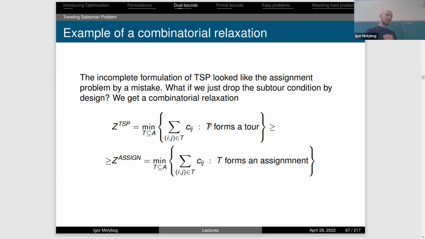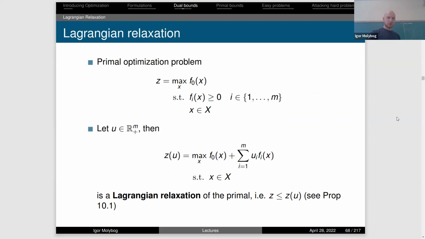Yeah, so there is a notion of linear programming relaxation. There is also a notion of combinatorial relaxation. They are different in formulation, but both of them are considered to be easy problems to solve.